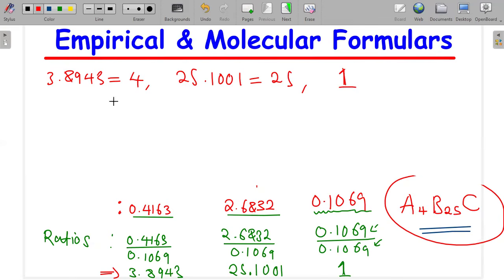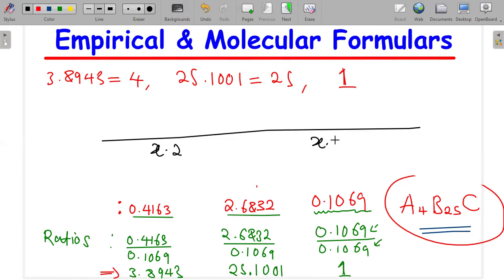So the limiting case is here. I'll draw something like a number line here. Here I'll put x.2, and here I'll put x.8. I'll draw a line here and a line here. You can only round off if the number after the point is less than 0.2.